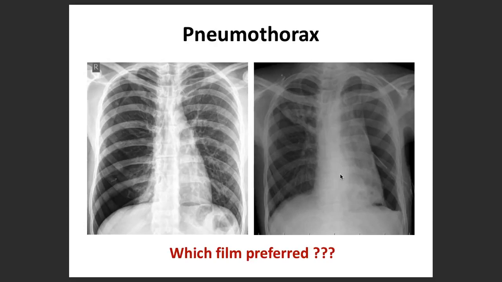Then you get this X-ray. So this is the time for action. This is how you differentiate. If you are able to demonstrate the outer margin of the visceral pleura and lung, the pleural line, from the parietal pleura, which is different from the visceral pleura, then this is the classical pneumothorax.